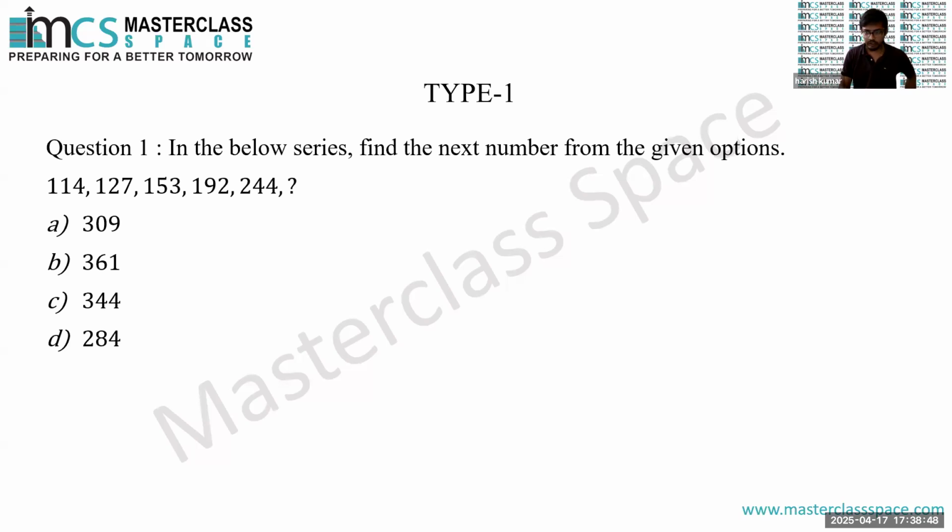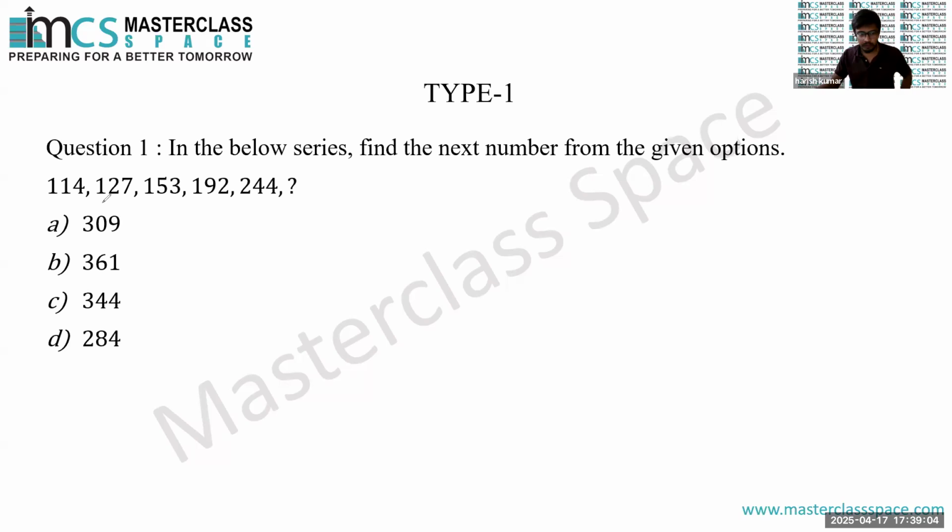Soumya says it's 309. All right. Let's look at it, guys. So these are your type 1 questions, right? And this is the first method you have to apply whenever you see a series question in your exam. What is this method?